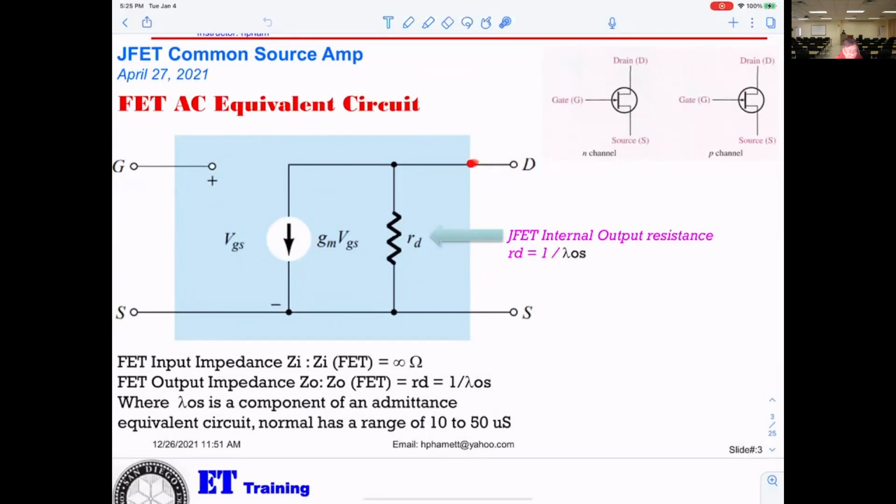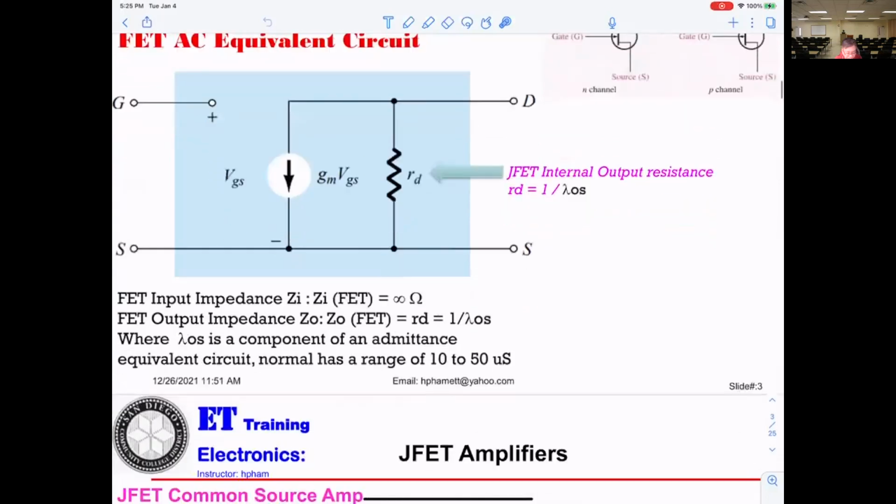And from the drain to the source, you get the current flowing, and the value will be gm times VGS. This is the internal output resistance of the JFET. That is a very high resistance, so that will be ignored, okay?